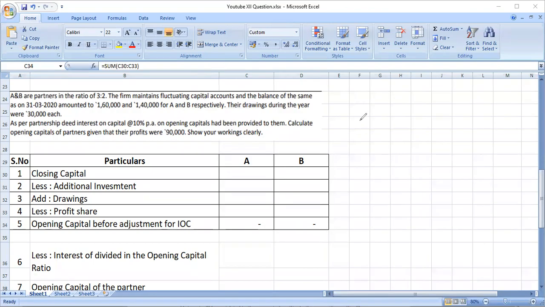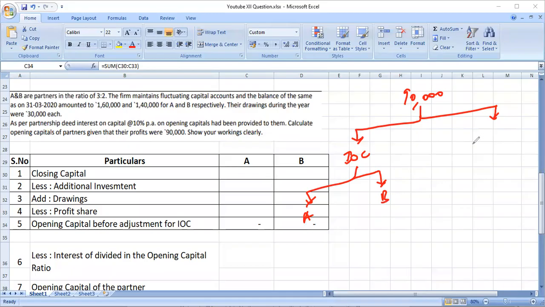So they've given us the 90,000 profits before calculation of interest on capital, but interest on capital has been provided, which means that this profit would have got shared amongst the partners as two things. A certain portion of this profit would have gone as interest on capital to A and B, and the remaining would have gone to the partners as share of profits in their profit sharing ratio, 3:2 as given in the question.